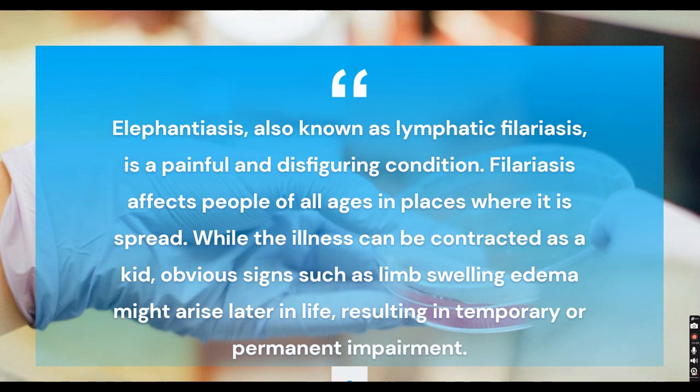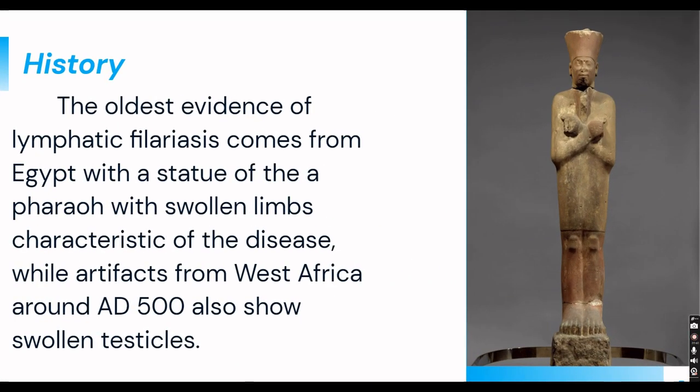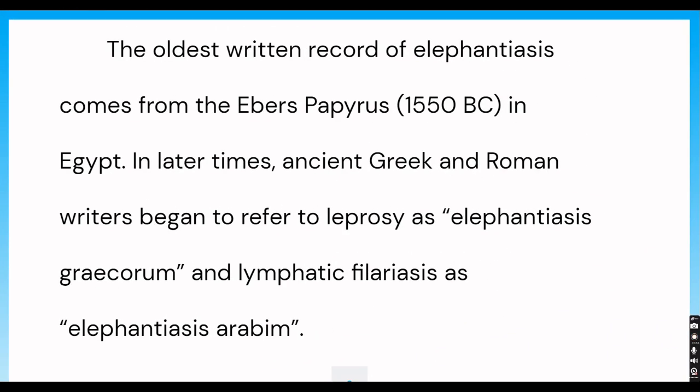Now we go into the history of lymphatic filariasis. So the oldest evidence of lymphatic filariasis comes from Egypt, with a statue of a pharaoh shown to have swollen limbs with the characteristics of the disease, while artifacts from West Africa around 500 AD also showed swollen testicles.